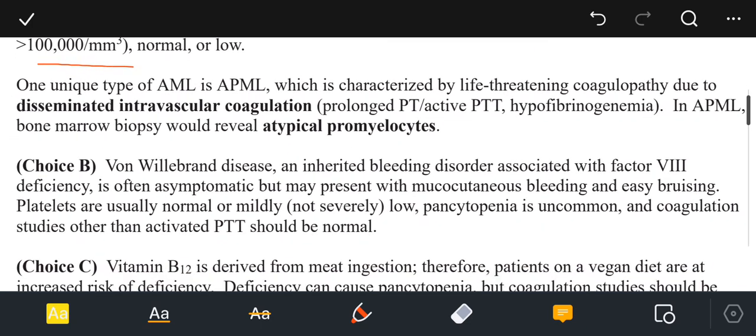One unique type of AML is acute promyelocytic leukemia, or APML. It is characterized by life-threatening coagulopathy due to disseminated intravascular coagulation, prolonged PT and activated PTT, and hypofibrinogenemia. So I guess PT was also prolonged. In APML, the bone marrow biopsy would reveal atypical promyelocytes.